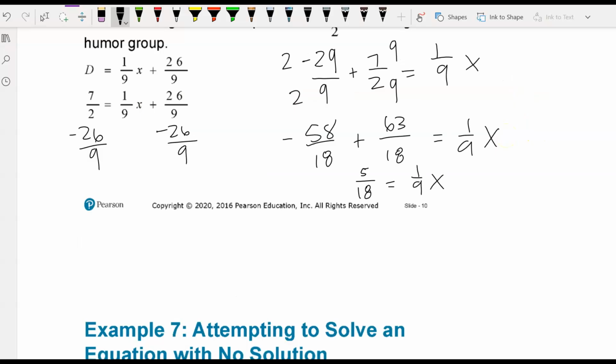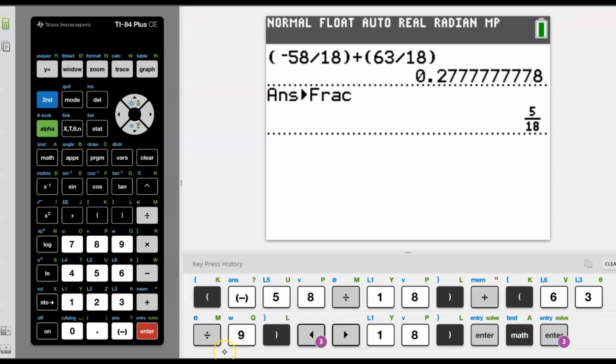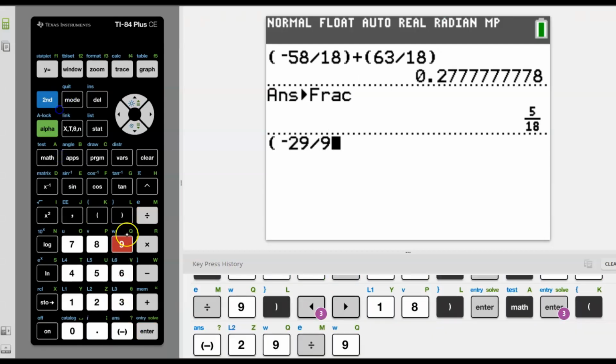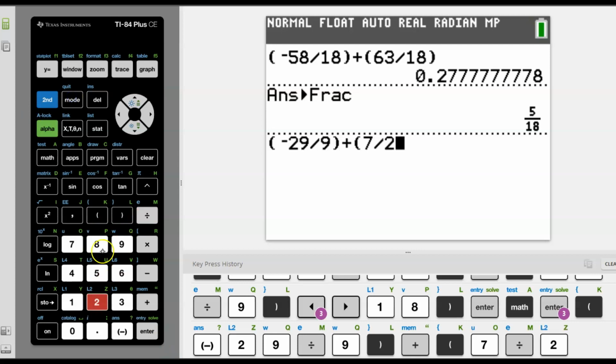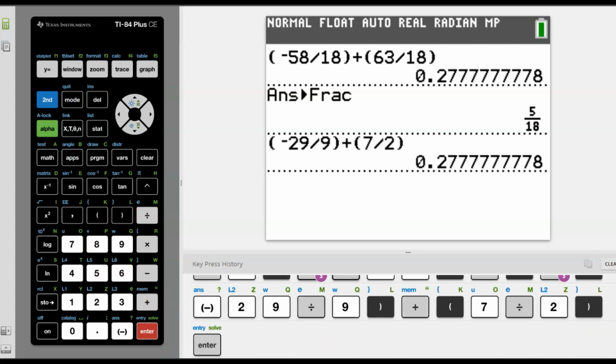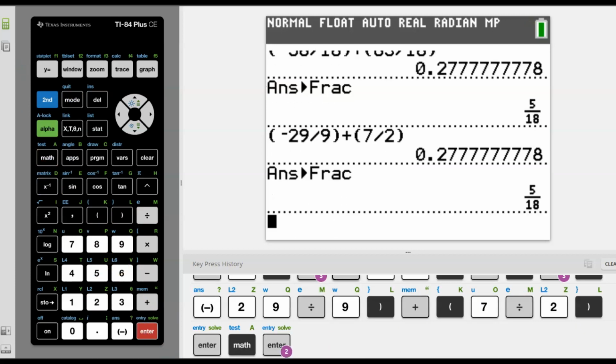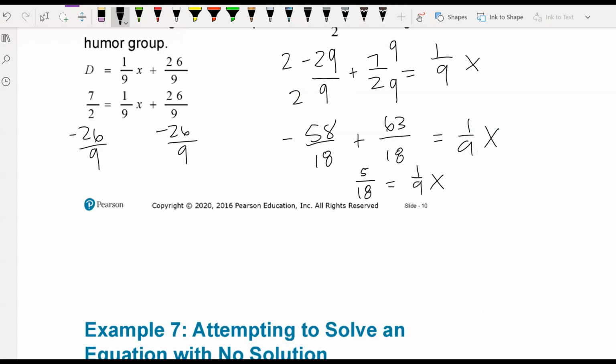So we could have added negative 26 over 9 plus 7 over 2. So see, we get that same answer. You can do it in your calculator.